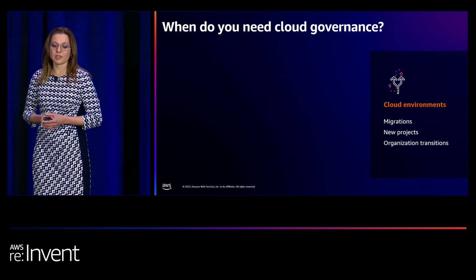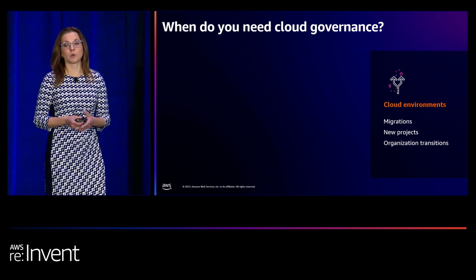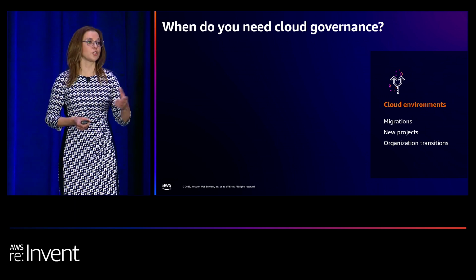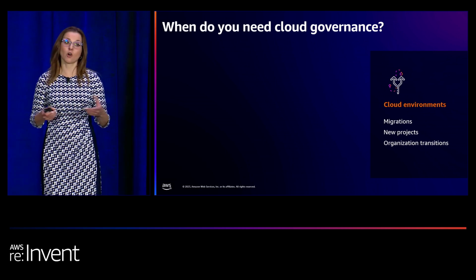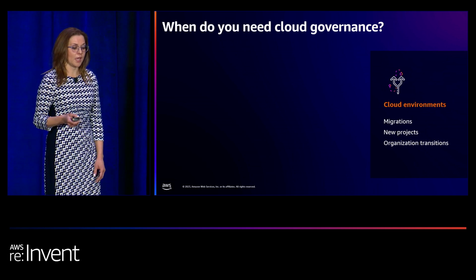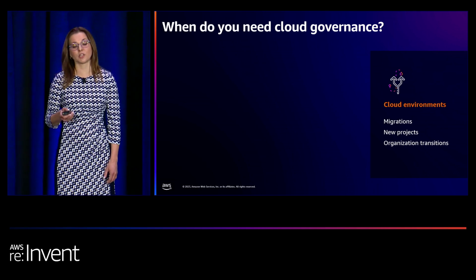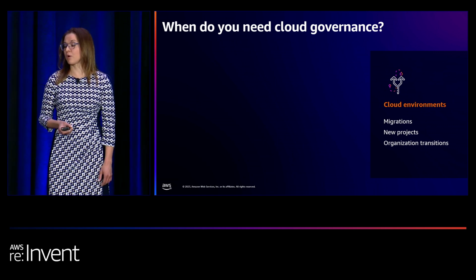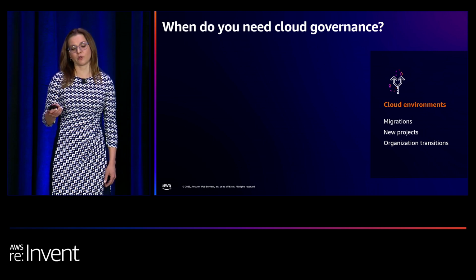So here, that's when you define your account strategy, your multi-account structure. That's when you harden your accounts with security controls in place, with networking controls in place, and cost-effective options. At AWS, we offer various cloud governance services, Control Tower, and AWS Organizations to help you set up your cloud environments.